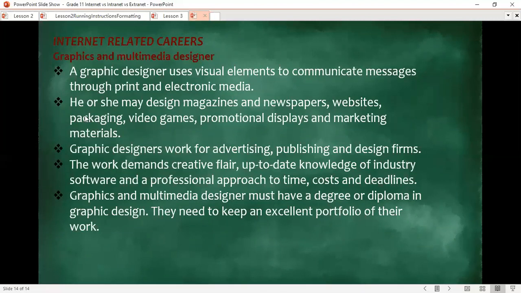Okay, let me continue here. He or she may design magazines, newspapers, websites, packaging, video games, promotional displays, and marketing material. So these people are mostly based on the animation parts. You can see they can even create video games, promotional displays, marketing materials.